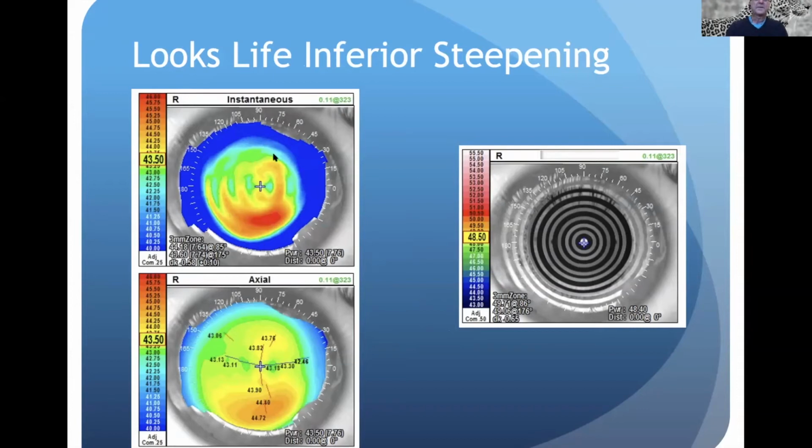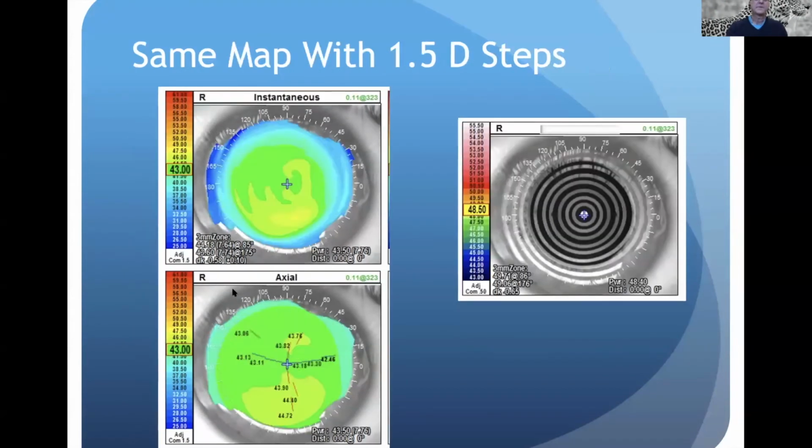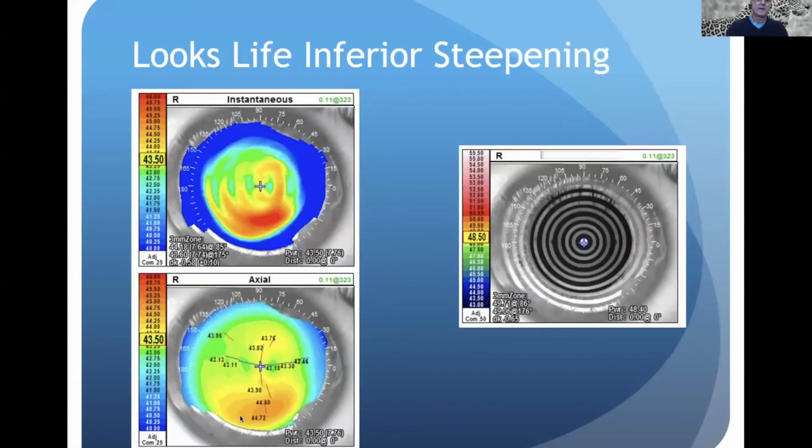Here's an example as well. In this patient, this is the instantaneous map, and if you look at the scale, it's adjustable, so it's normalized. Adjustable is the same as normalized, and it's 0.25 diopter steps. Sorry, and here's the same representation in axial. If you look at this at first glance, you're saying, maybe he's a forme fruste keratoconus, or maybe he's a keratoconus. Look at the inferior steepening.